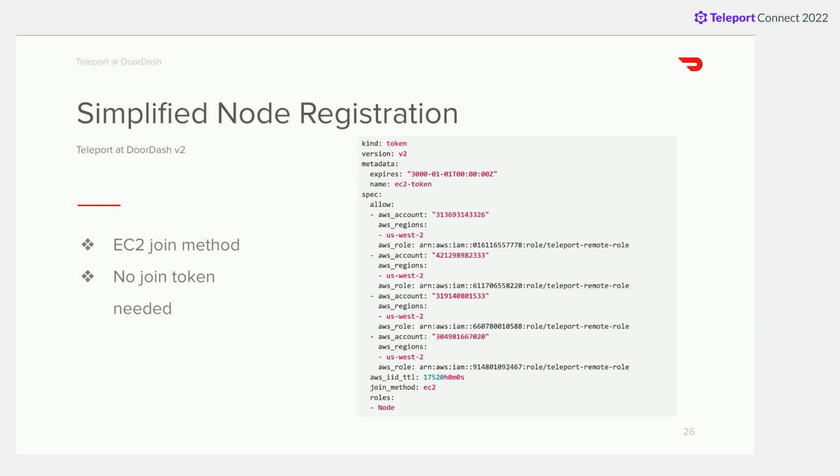If they don't need to manage their own static token secret, they can much more easily onboard their nodes, and the infrastructure setup is a lot easier. This is a little example of what that configuration looks like, but basically you can allow nodes in a specific AWS account to automatically join, or authorize these nodes to automatically join your root cluster if they attempt to. So that was a huge improvement for us in terms of node registration.